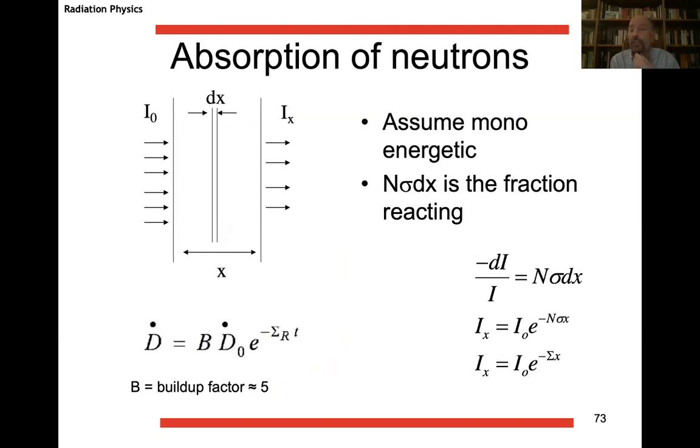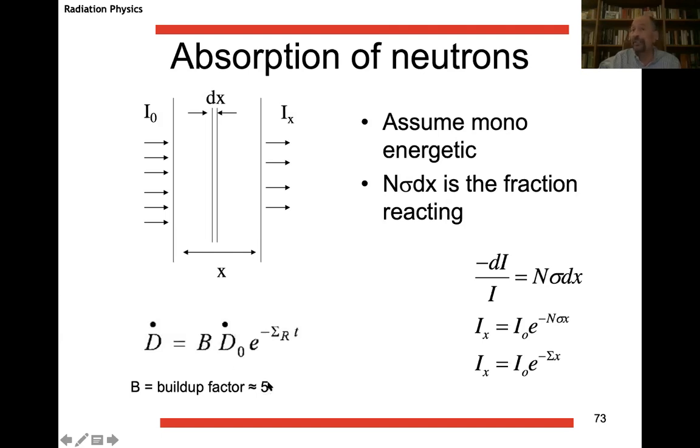If you assume monoenergetic neutrons in good geometry, you will have the usual Lambert-Beer formula for the absorption, and you can have these absorption coefficients for the neutrons. Of course, if you go in bad geometry, then you have to consider the build-up factor. The build-up factor for neutrons in bad geometry is very high, in the order of 5.